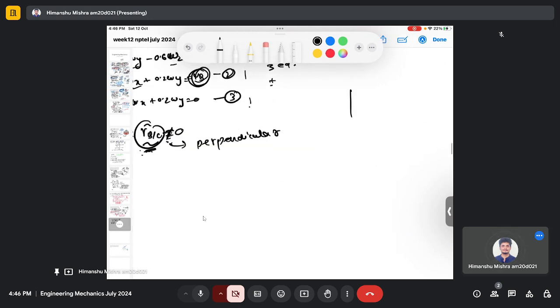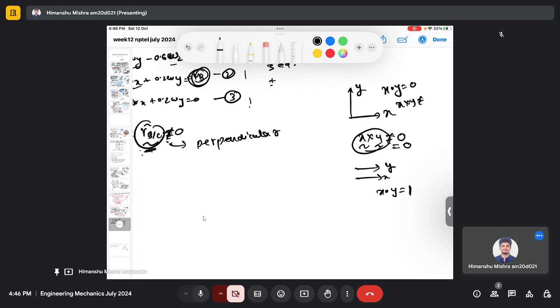If two vectors, let's say x and y, are perpendicular, I can take the cross product and it will be non-zero, and x dot y will be 0. But if x and y are parallel, along the same direction, then x cross y equals 0 and x dot y is nonzero.